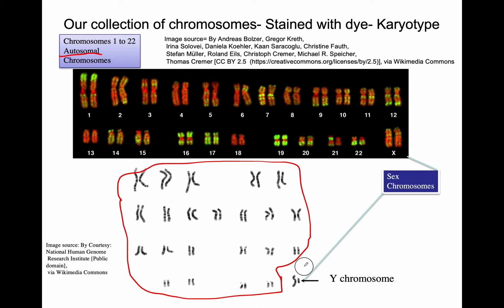So in a male, it would be an X and a Y chromosome. The male determining gene is on the Y chromosome. For a female, it's going to be 2 X chromosomes. So when we write the inheritance patterns of genes that are on the sex chromosomes, we remember the naming convention.